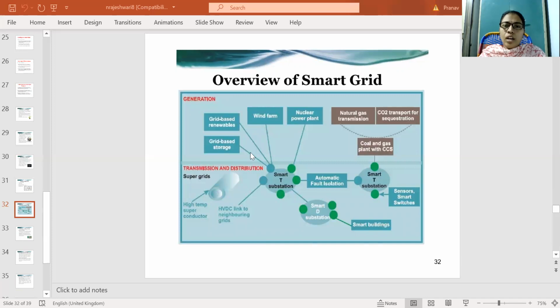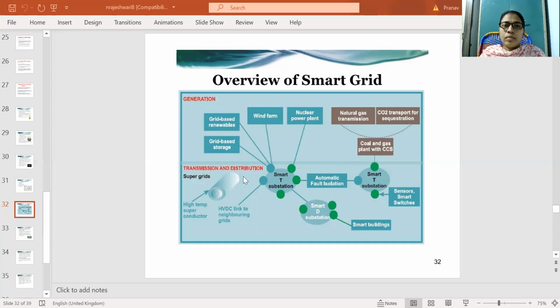The overview of the smart grid is given here: this is the generation, and this is the transmission and distribution. In generation, there are grid-based renewables and grid-based storage, wind farm and nuclear plant, natural gas transmission and CO2 transport for subsequent sequestration, and coal gas plant with CCS.